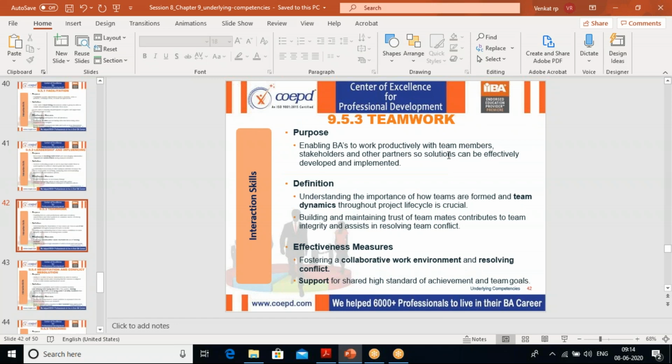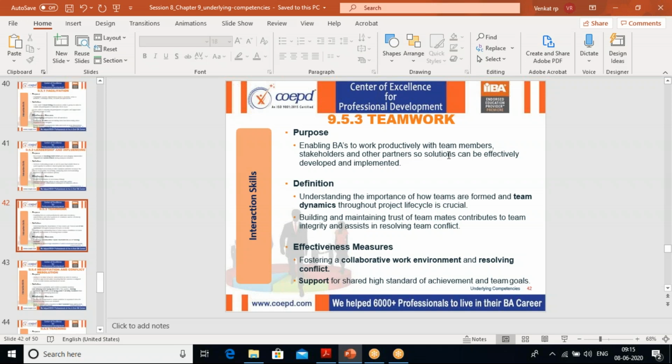Okay, and then there is teamwork. Now, champions are not recommended in any process, but generally we tend to build champions. But as a business analyst, we should always count on teamwork, and we should involve all the team members and encourage them to contribute, because by coordinating and collaborating with each other, their teamwork and team deliverables would be more effective and efficient as a team rather than as individuals.